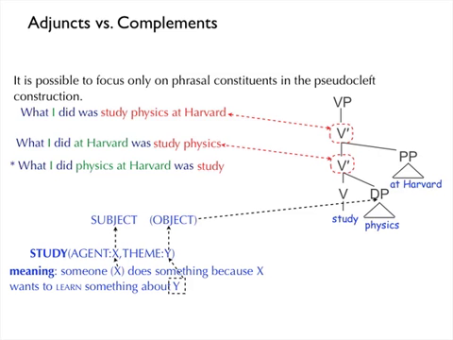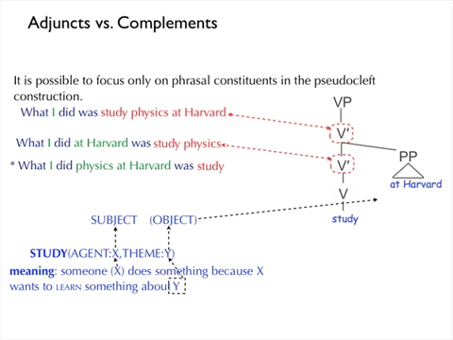No. Because everything is adding up to the general conclusion that when you have a subject and an object, the object, although notice it's optional, it doesn't have to be there, the object, if it's there, will be a complement. The subject, it's a different story because it's not contained in the verb phrase. It's a different sort of animal. So that's no good, right? What I did physics at Harvard was study.